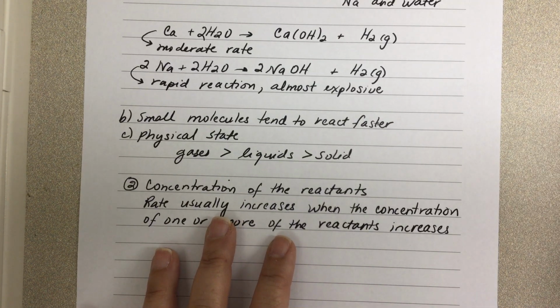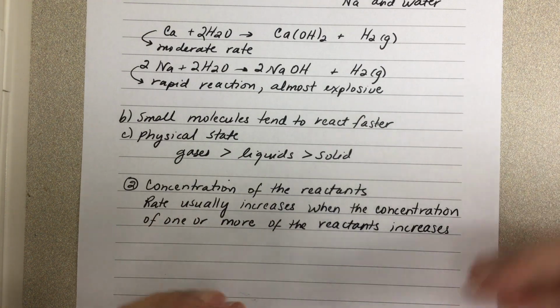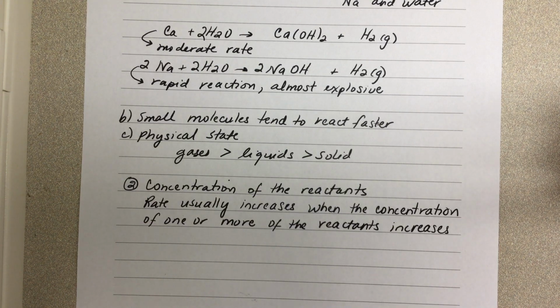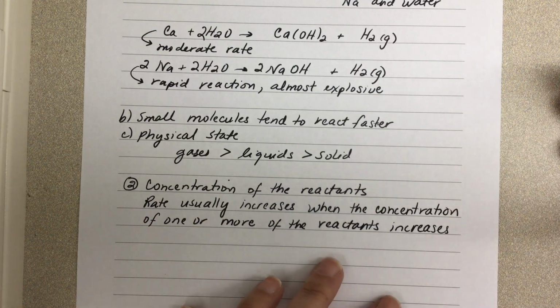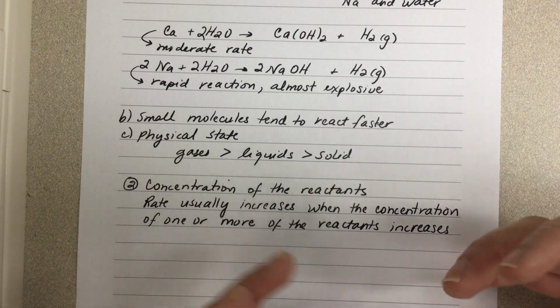And then concentration of the reactant is my second factor. Okay? And this is totally related to your theory, the one that we just went over, the collision theory, because if you increase the concentration, it means that you have more particles of your reactants in the actual container.